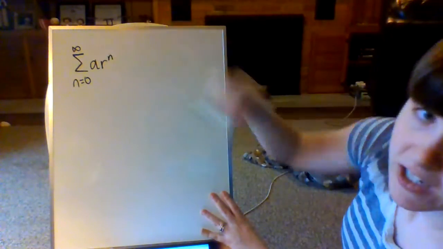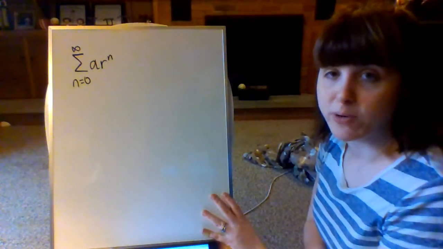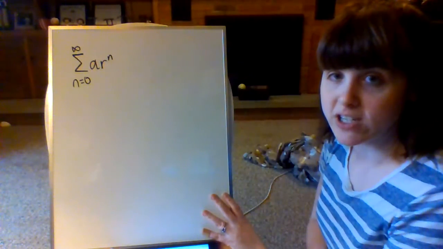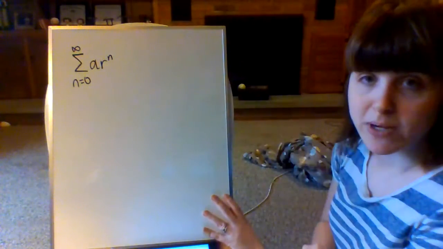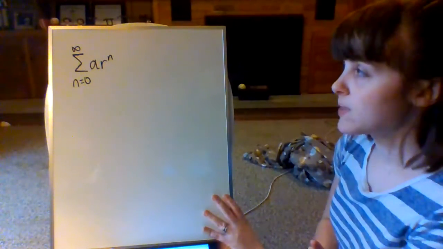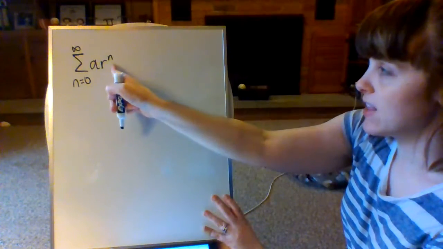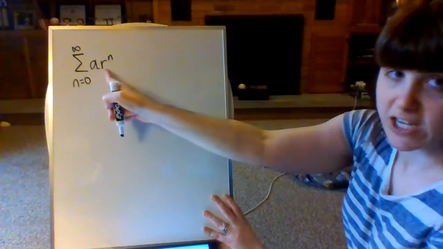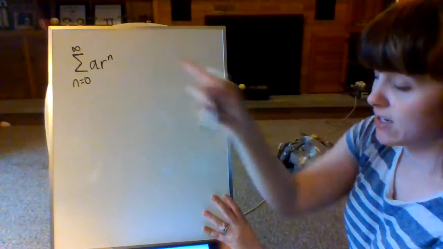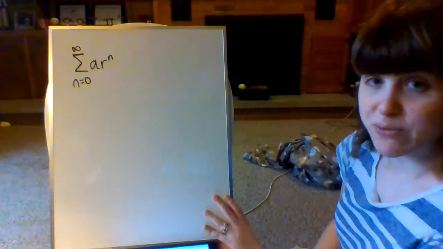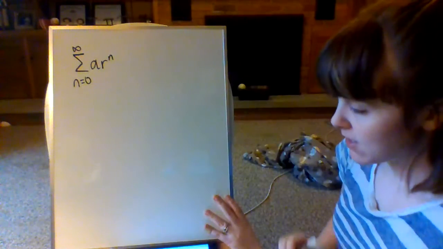So the r here is our ratio. Do you remember when we talked about ratios of geometric sequences and series? Well, this ratio is what you're multiplying by each time to get the next number. That's going to tell you if something converges or diverges. And then a, that's going to be involved in a formula in a minute.